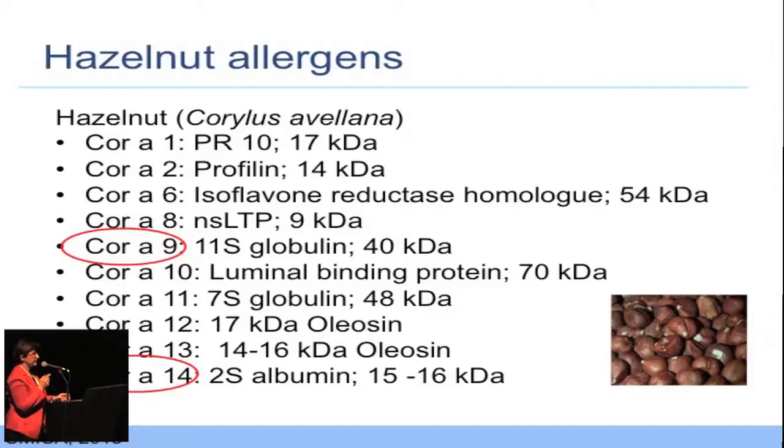So the Cor a 9, again, is a seed storage protein, and the Cor a 14 is a 2S albumin, also belonging to this superfamily of seed storage proteins. While the Cor a 9 is a bigger protein, the 2S albumin is a small protein of 15 to 16 kD, but they are very stable proteins again.